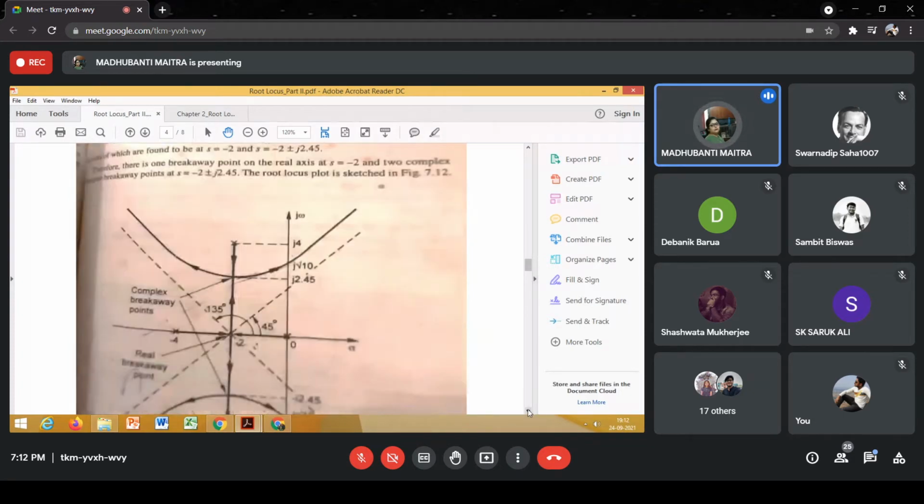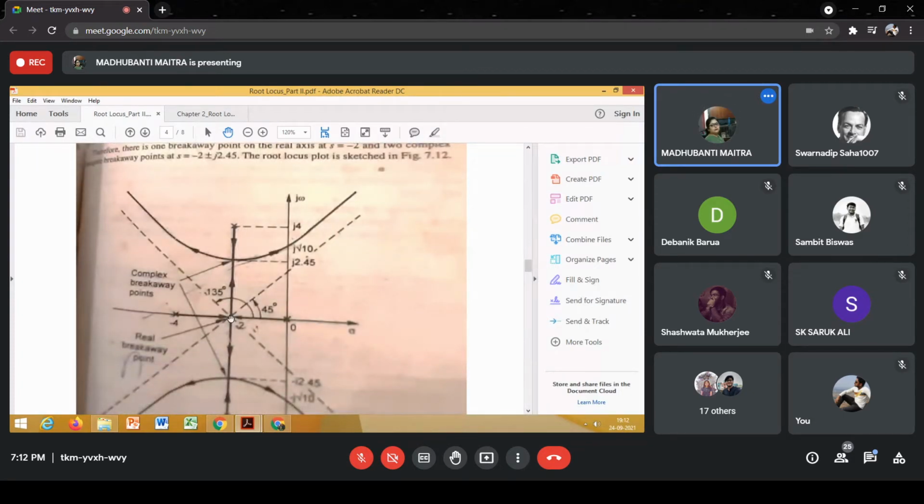So they will meet at this point, and if you increase the value of gain k beyond that, then these two root branches will break away from this point and they will form these two complex root branches. So at s equal to minus 2, we get two repeated roots of the characteristic equation.